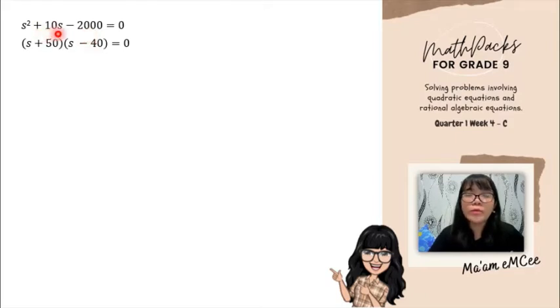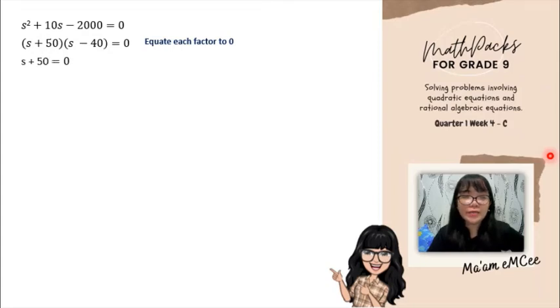So those two numbers whose product is negative 2000 and whose sum is positive 10 are 50 and negative 40. 50 times negative 40 is negative 2000. 50 plus negative 40 is positive 10. So that means to say our factors are indeed S plus 50 and S minus 40. So the next thing that we need to do is to equate each factor to 0. So S plus 50, we equate to 0.